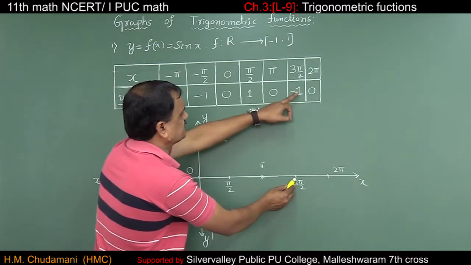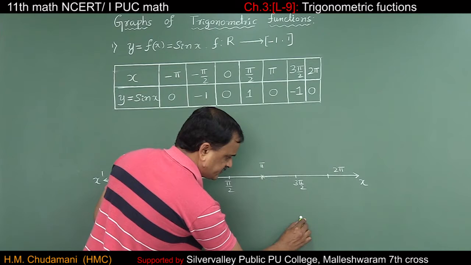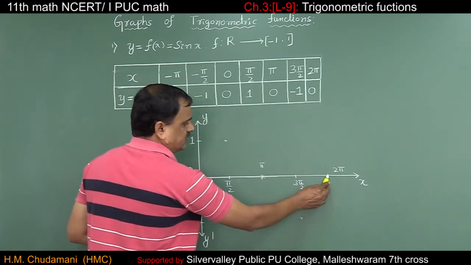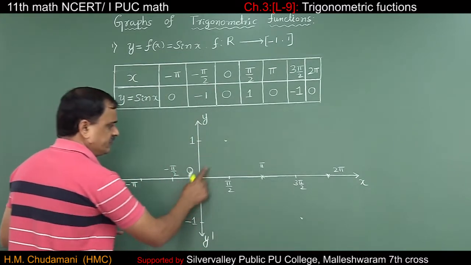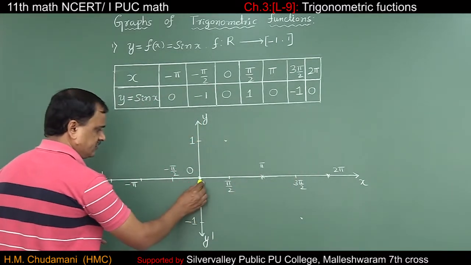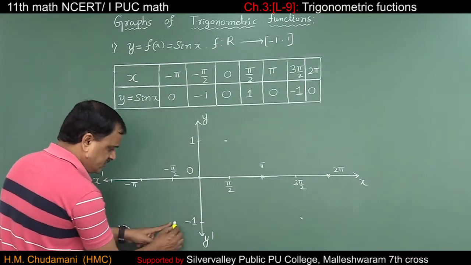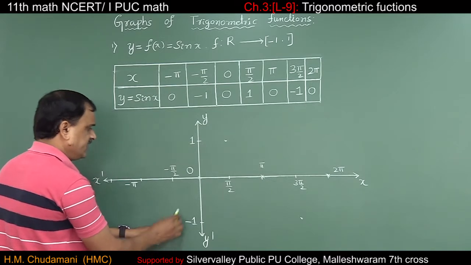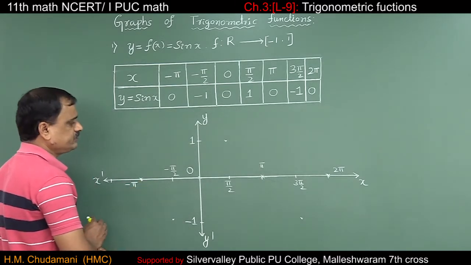When x equals 3 pi by 2, y is minus 1 somewhere here. When x is equal to 2 pi, it is 0. So these are the points of intersection. Then x equals minus pi by 2, y is minus 1 here. When x is equal to minus pi, it is 0.